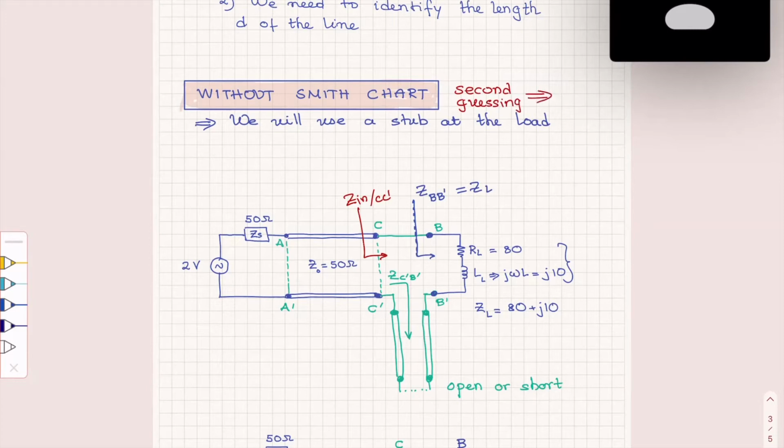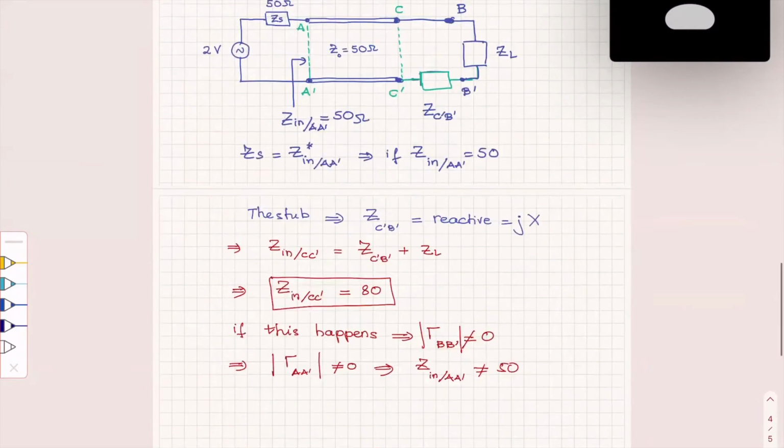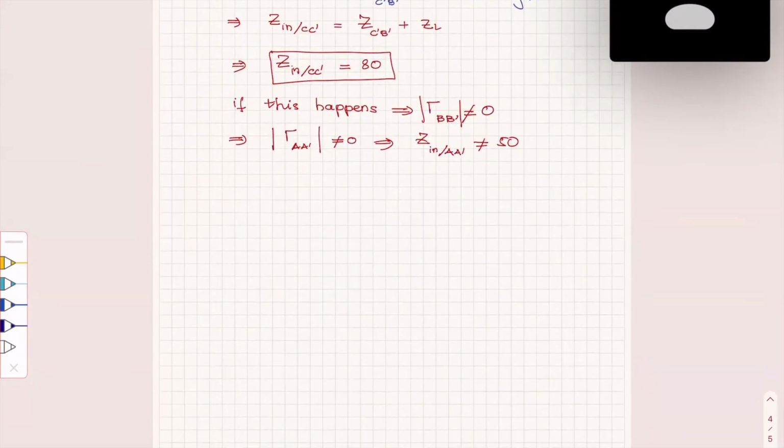Which implies always wrong, or we will have to try every possible combination. All right, so the best way is to go through the Smith chart. And I will say for 99% of the cases, when you have a matching circuit to develop, go with the Smith chart solution.